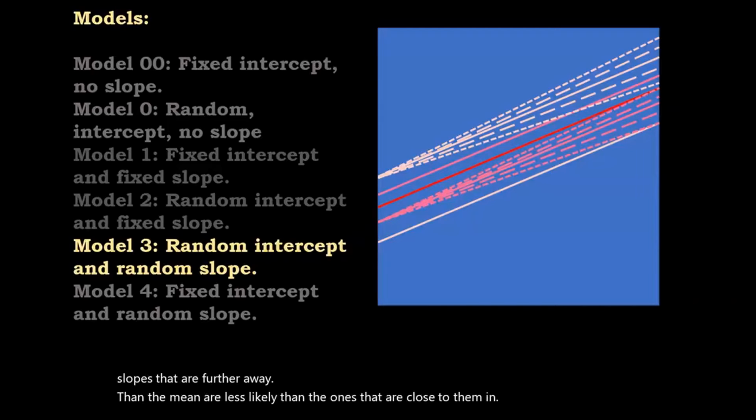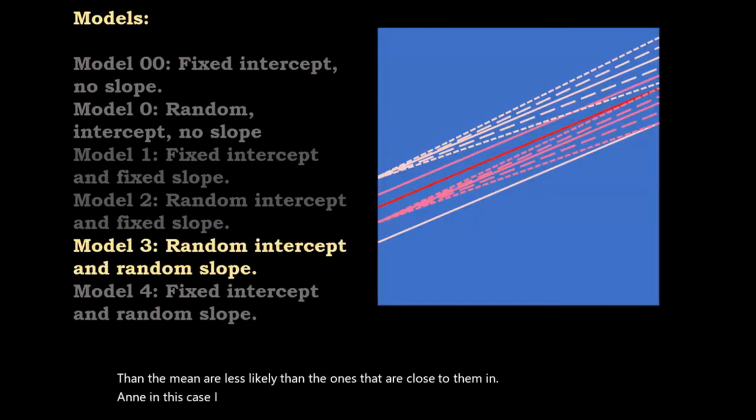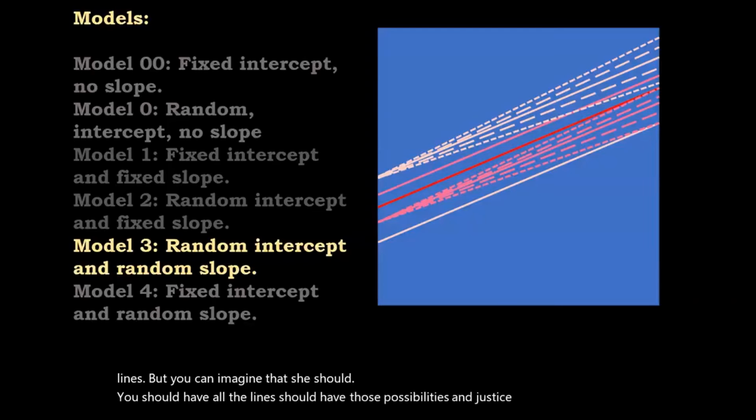I only showed variability in the slope of 2 of the 5 lines, but you can imagine that all the lines should have those possibilities. It would be messy to show all of them.